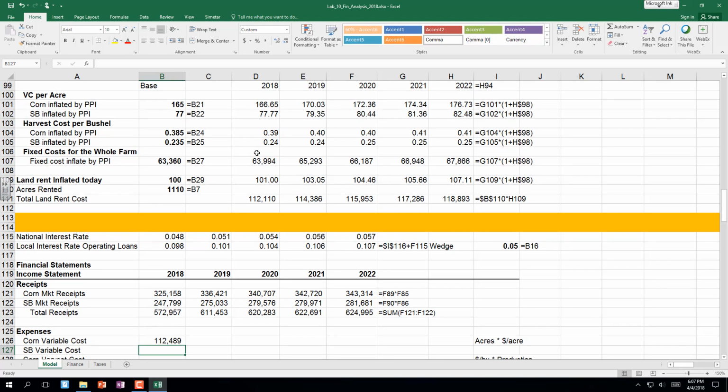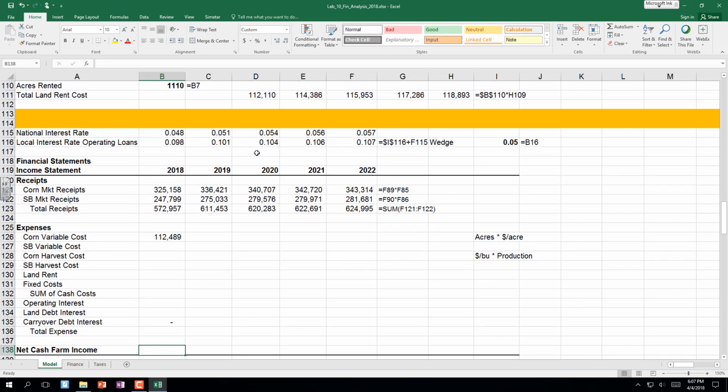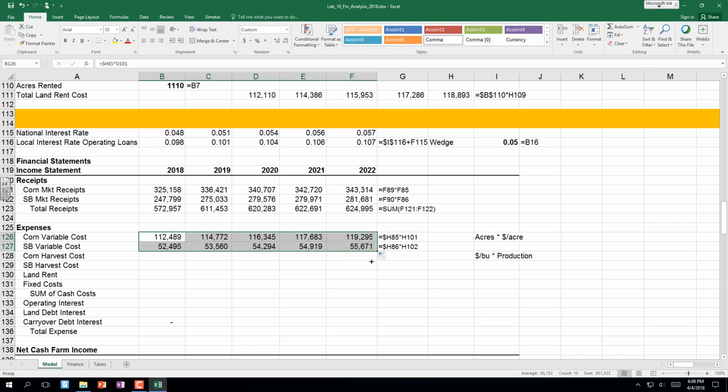So it's $112,489. And if I drive that down, I should get $52,000 because that's for soybeans. They're cheaper to grow than corn on this farm. And we drag that across.